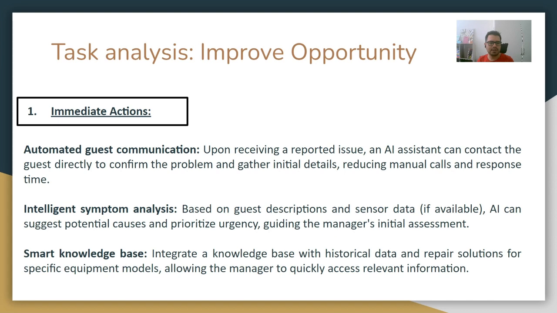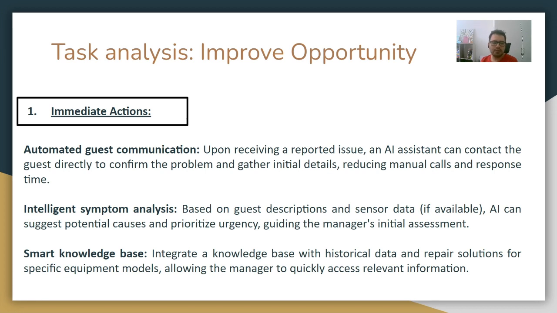For example, in step 1, in the immediate actions, we can automate guest communication. We can have an intelligent symptom analyzer based on guest description and sensor data if available. Definitely, artificial intelligence can suggest potential causes and prioritize urgencies, guiding the manager's initial assessment, for example.